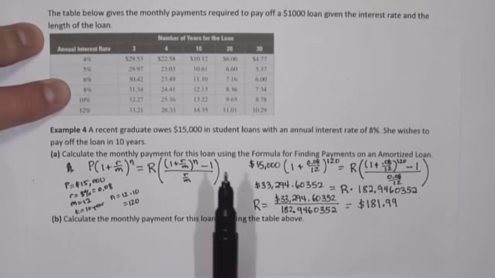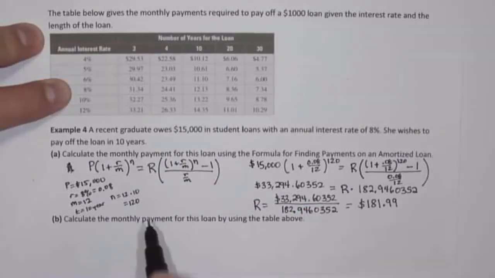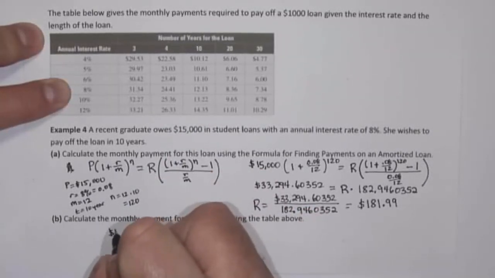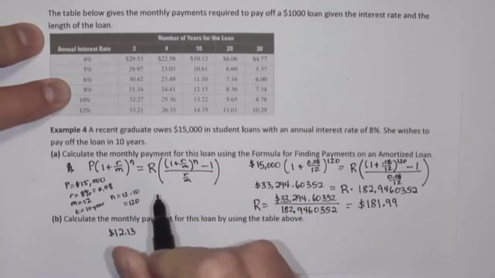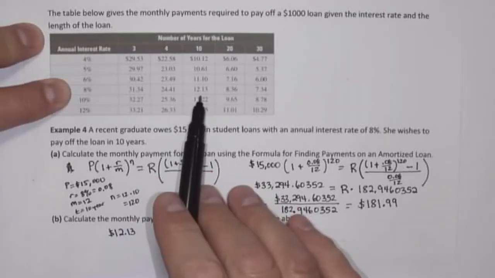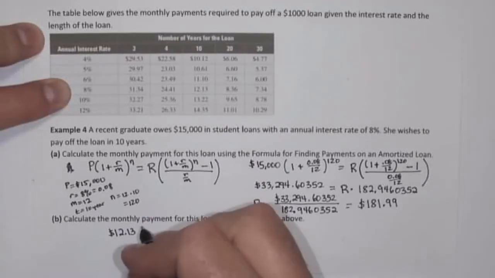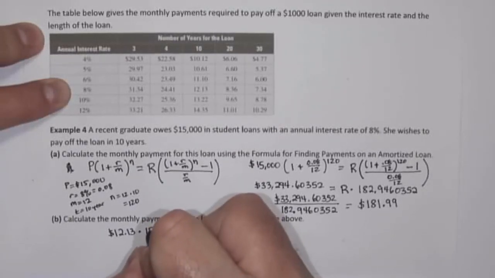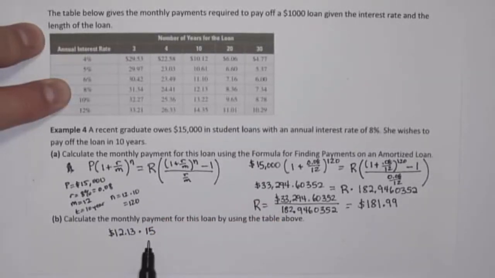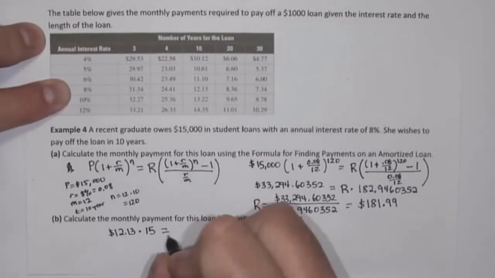So in this case, we have a $15,000 loan. So in order to calculate the payment, all I'm going to do is take the $12.13, which is, again, that much for a $1,000 loan if it's for 10 years at 8%. And I'm going to multiply that by 15 because we have a $15,000 loan.